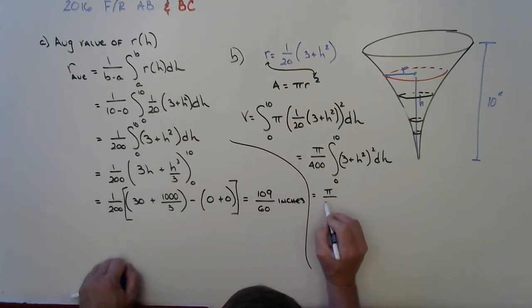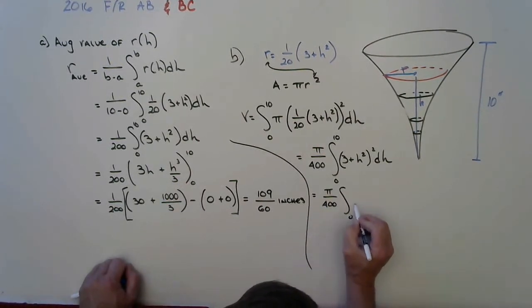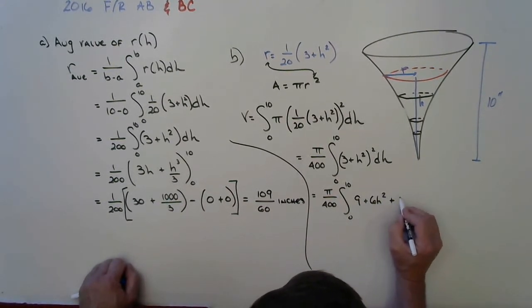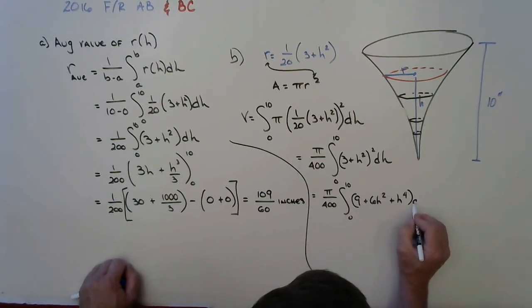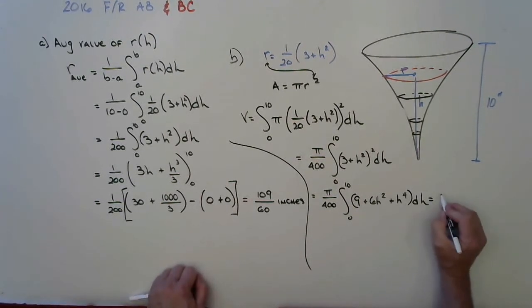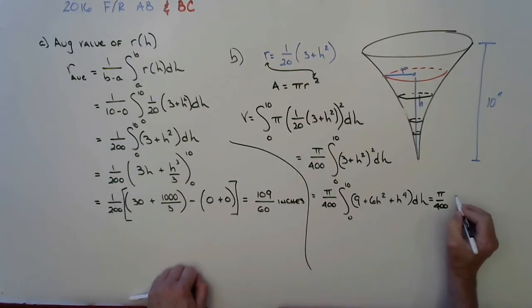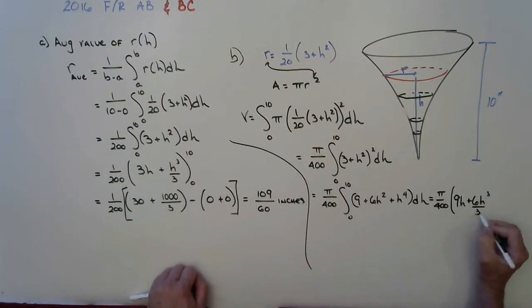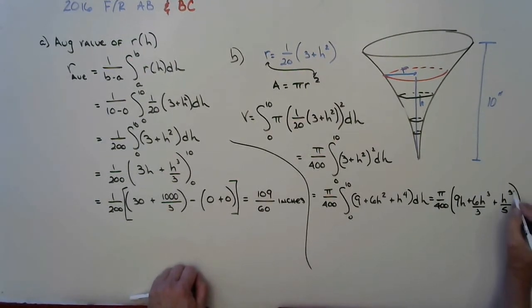That's pi over 400, the integral from 0 to 10 of 9 plus 6h squared plus h to the 4th dh. When we integrate that, we get pi over 400 times 9h plus 6h cubed over 3, plus h to the 5th over 5, evaluated between 0 and 10.